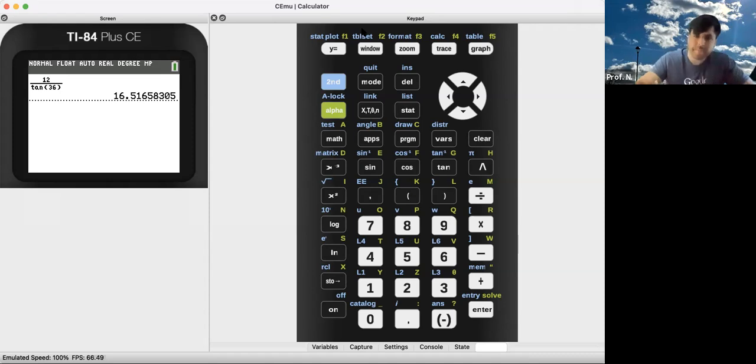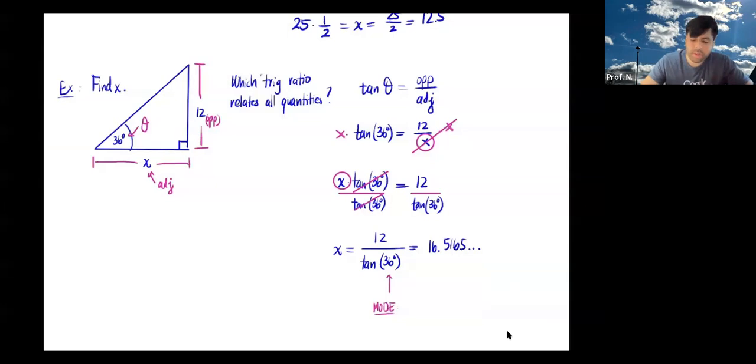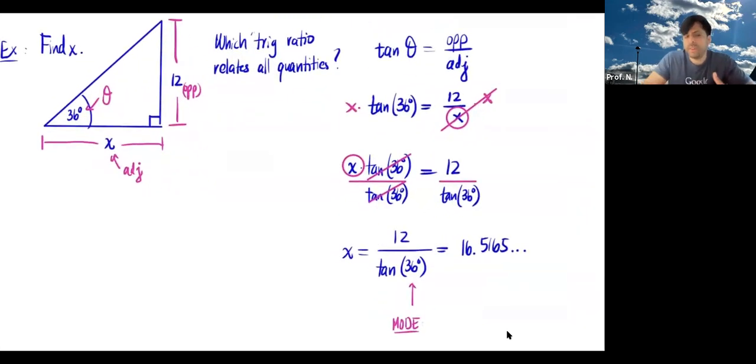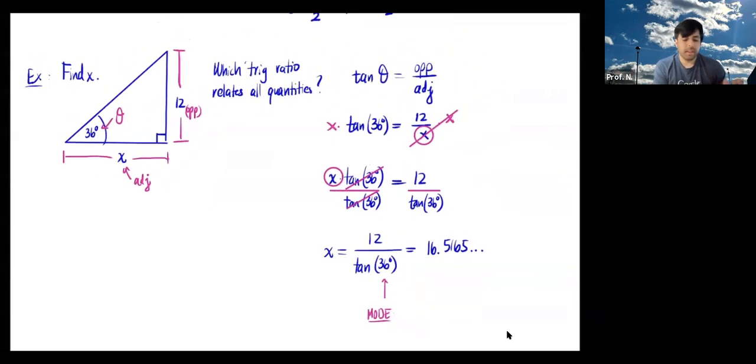Okay, so that's how we use our calculator to figure out the values of trig functions where the angle is not something that we know. 36 degrees, we don't have the information behind that, the way we do for 30 degrees, for 45 degrees, for 60 degrees. But our calculator does that work. And so because of that, this is actually very useful.